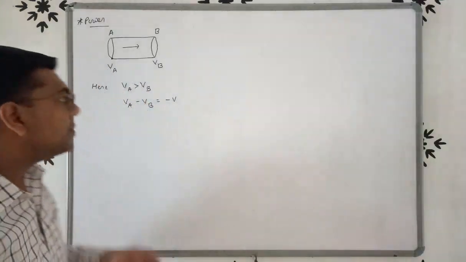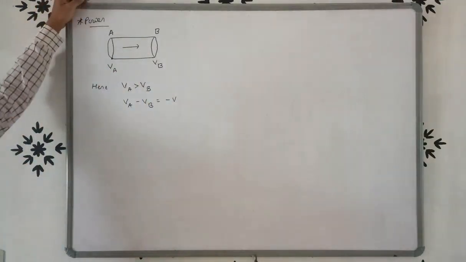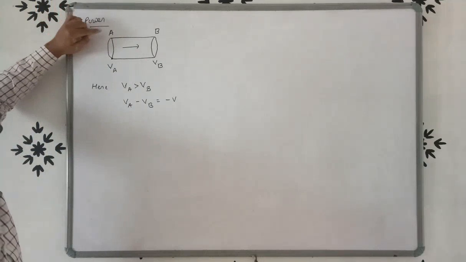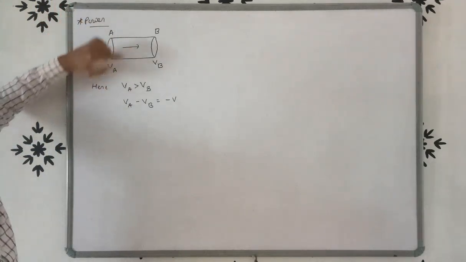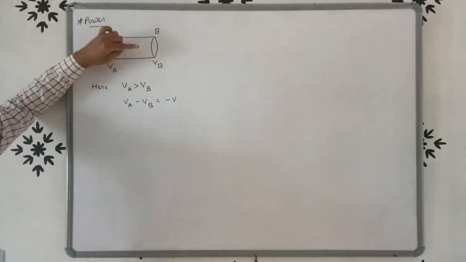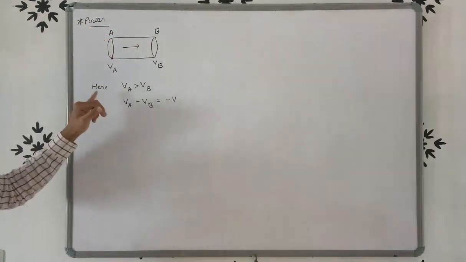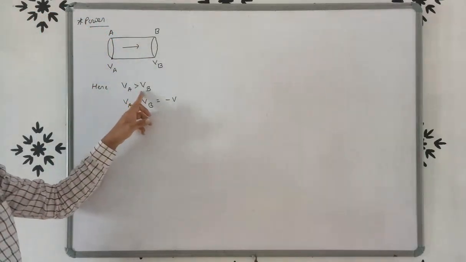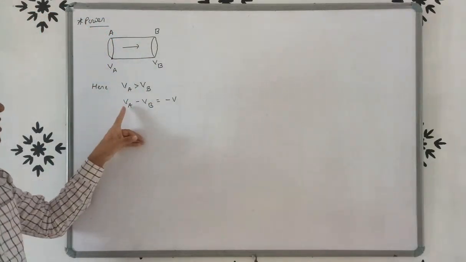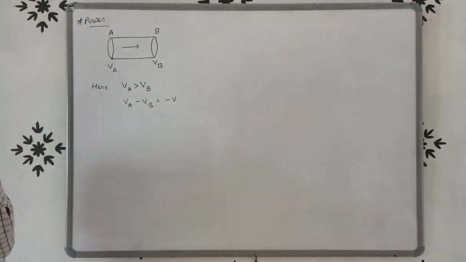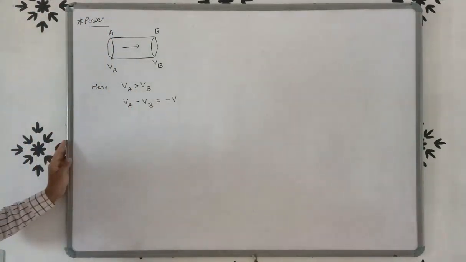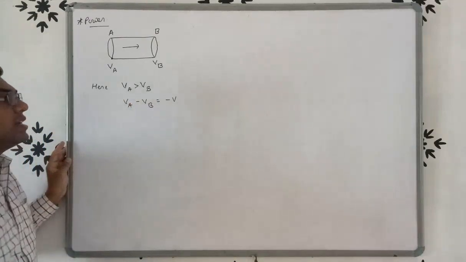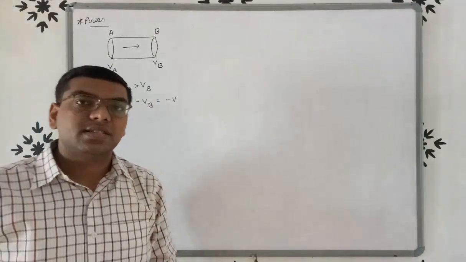Again I repeat, friends, here consider one conductor. Here the potential at point A is VA and the potential at point B is VB. And we consider that VA is greater than VB. So the change in potential VA minus VB is minus V. Here we consider this, right?